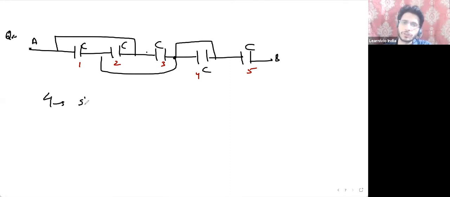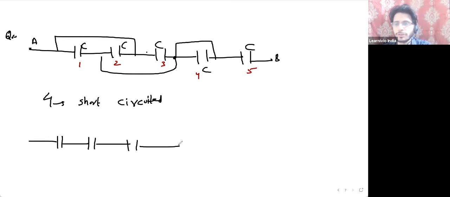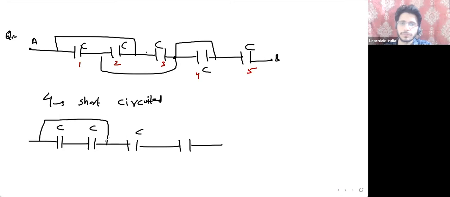Now, if 4 is short circuited, then simply remove 4 from the circuit. This is 1, this is 2, this is 3, this is 5. I remove this capacitor and replace it with a straight wire.